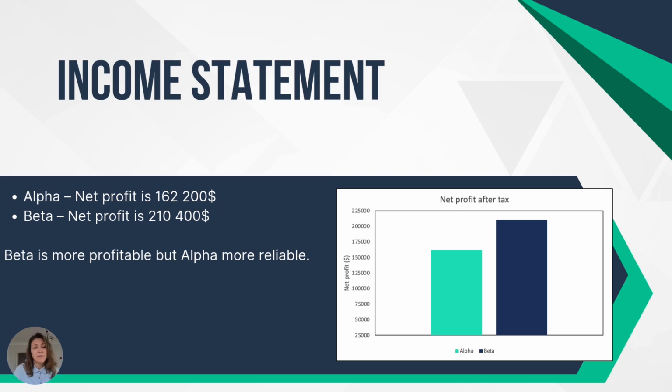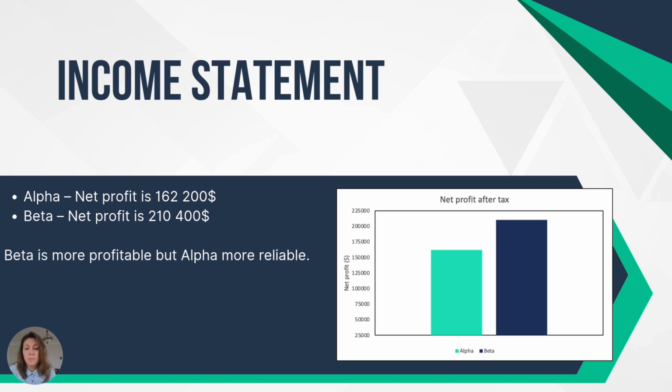In this slide, we can see the overall profitability of both companies from their income statements. We can see that Alpha's net profit is $162.2 million, and it's slightly less than Beta company, which is $210.4 million.